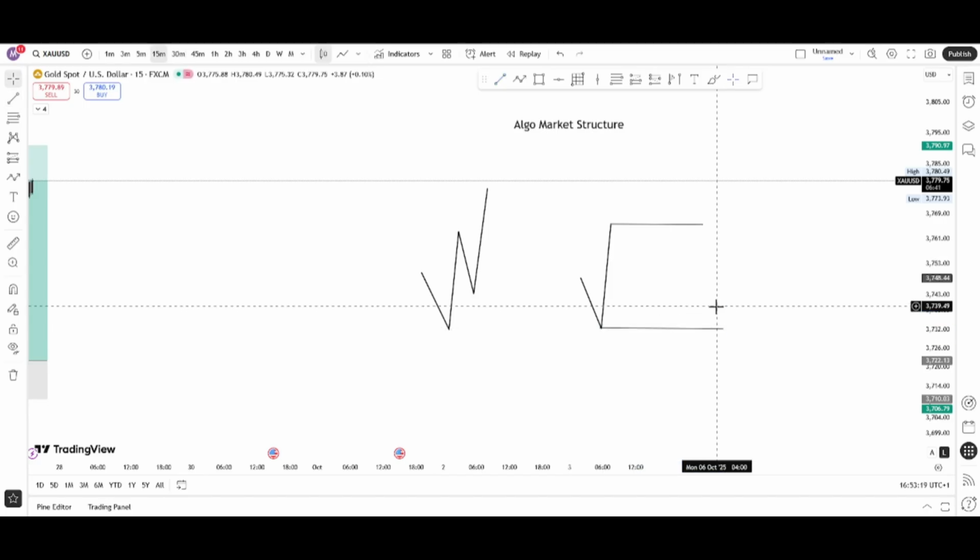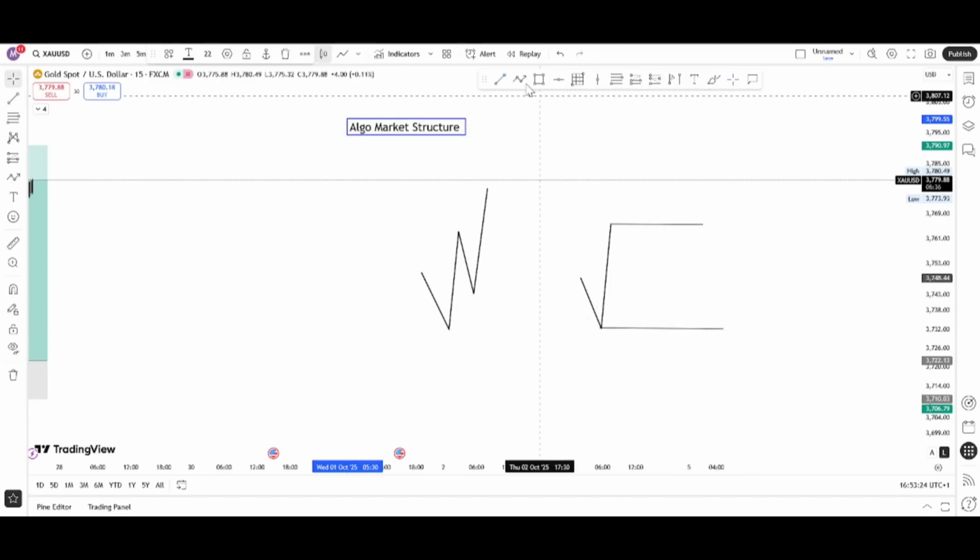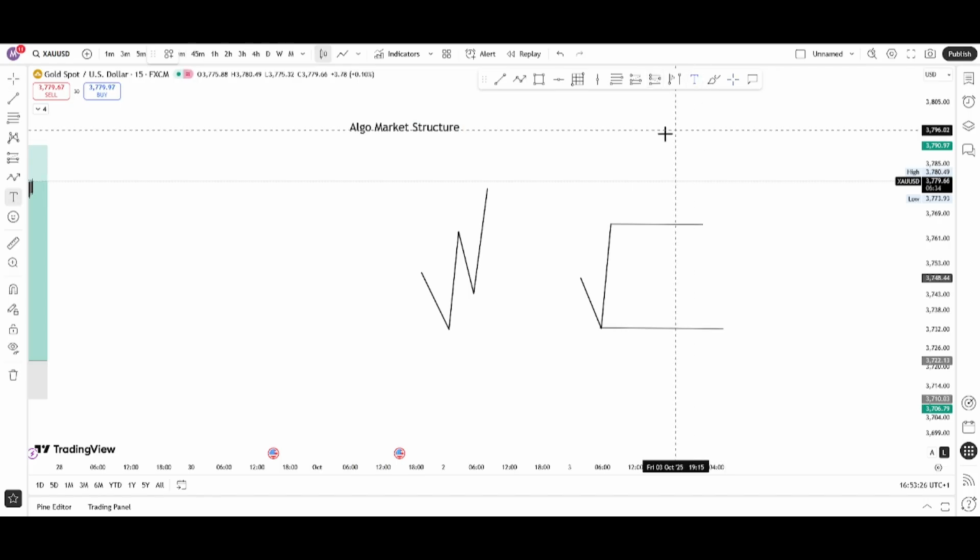Alright, so for the basic market structure, we have, let's see here, algo market structure, and we have basic market structure. So let me just put it down. Basic market structure. So we have our basic market structure here.